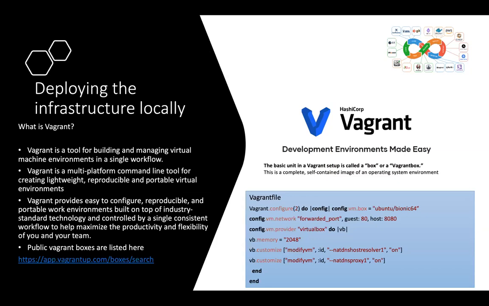The smallest unit of nomenclature in Vagrant is called a Vagrant box. This is a fully contained, pre-configured operating system image. At the bottom right of the screen, you can see a sample Vagrantfile that I'll be using.